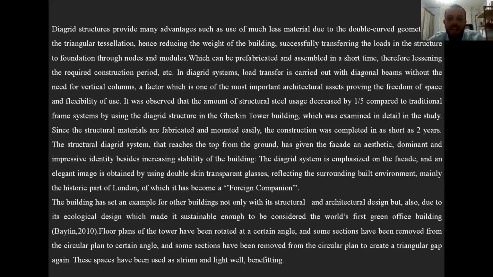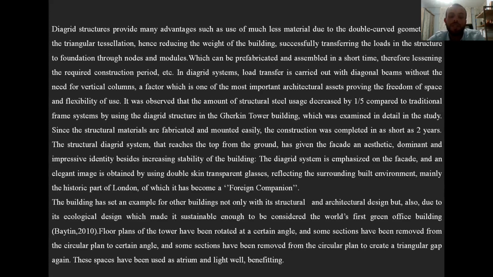The Diagrid system is exposed on the facade and an elegant image is obtained by using double skin transparent glass reflecting the surrounding built environment, mainly the historic part of London, of which it has become a foreign company.